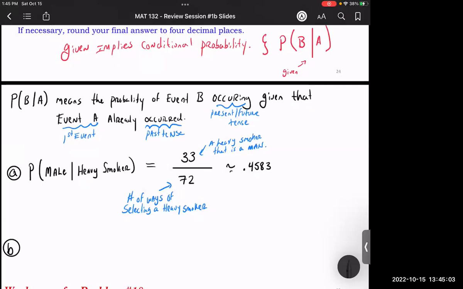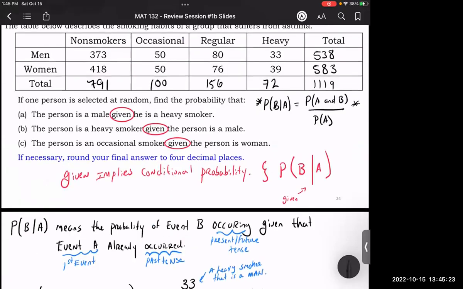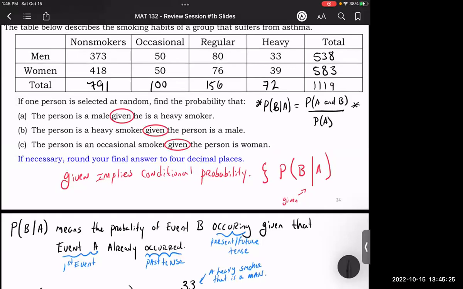So this time in part B, we will start with heavy smoker, right? Compute the probability of selecting someone that's a heavy smoker, given that the person is a male. So intuitively, when you look at your table, find the number of ways of selecting a male. How many males are there? 538.